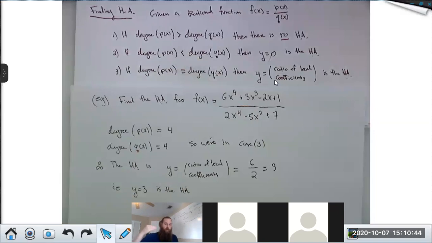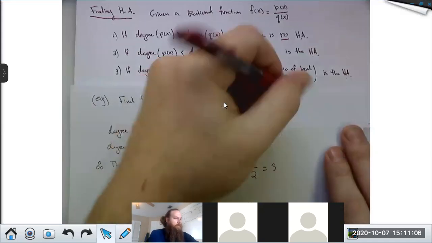The reason this works is because if you were to divide every term in this whole thing by x to the 4, you would get 6 plus 3 over x minus 2 over x cubed plus 1 over x to the 4 upstairs. I'll write it.